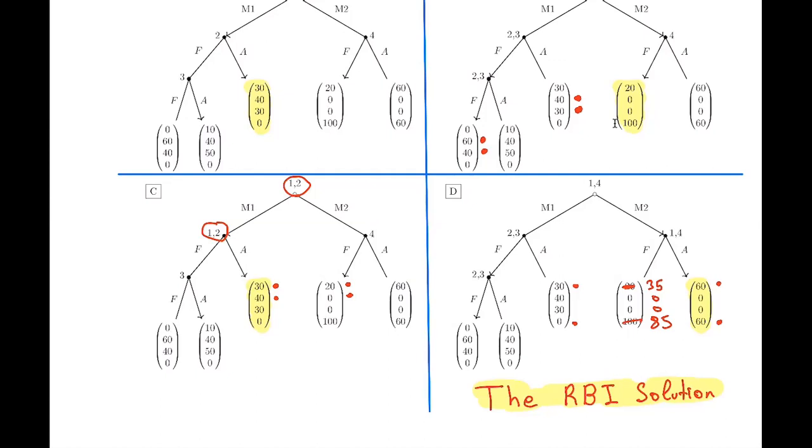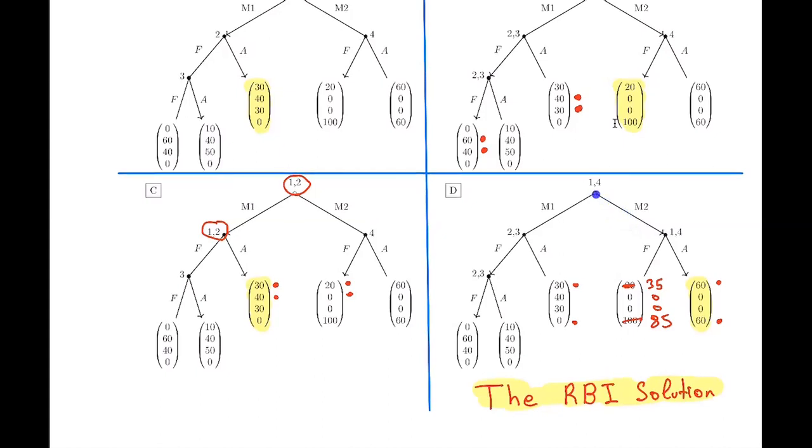Then player 1 would actually immediately choose M2 in the beginning of the game, non-cooperatively, and then player 4 would choose F, and that would be the outcome of the game.